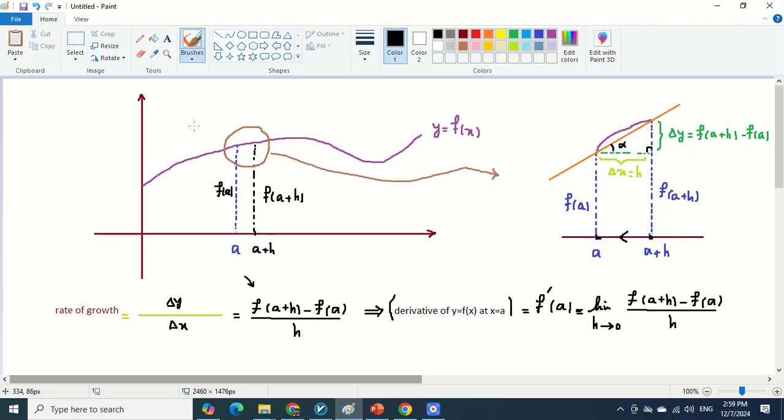In other words, we have tangent of alpha equal to delta y over delta x, because it will be the opposite side over adjacent. So the opposite side is delta y and the adjacent is delta x.